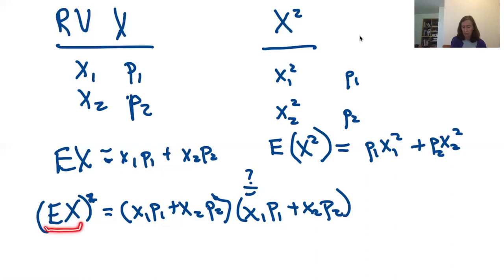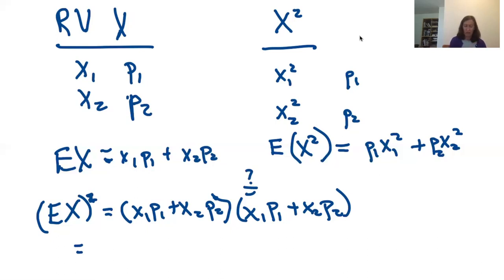That's what it's telling me to do here: take that expected value of X, that number, and multiply it by itself. Well, we can do this. This is starting to look like the stuff we were doing in Unit 1. So let's multiply the first term by both of these and then the second term by both of those. That's my little system there. And I think I'm going to switch the order of the p's and x's to match the way I wrote it on the other side.